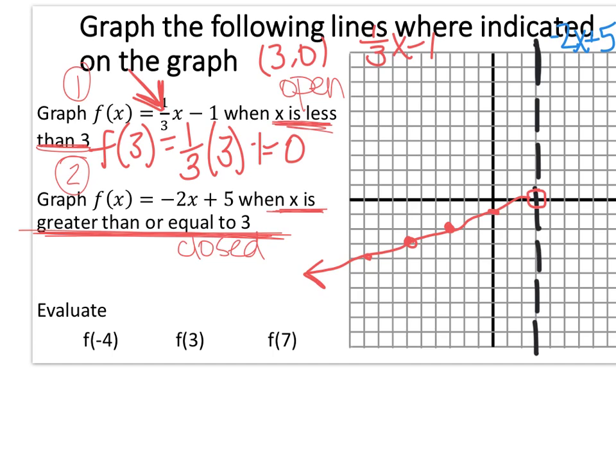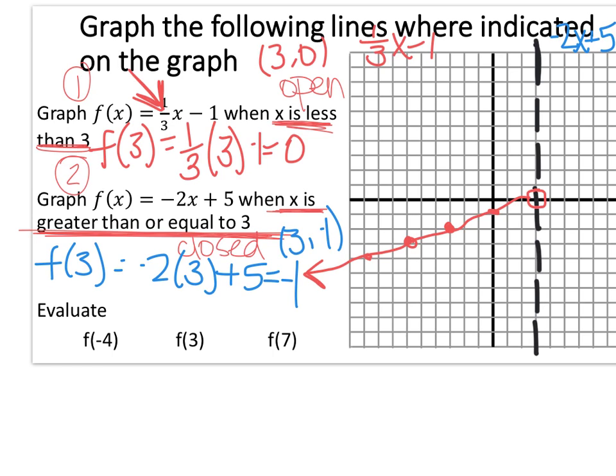Now I need to do the same thing but for my second equation. So I'm going to evaluate this equation at 3 as well to see where this graph starts. So negative 2 times 3 is negative 6, plus 5 is negative 1. So I'm going to have my closed point at the point (3, negative 1).